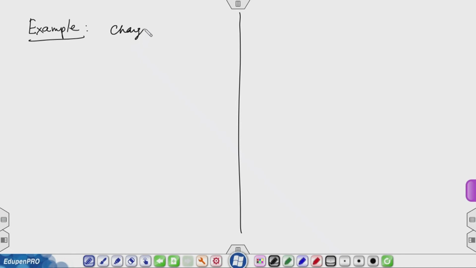Charge Q, a point charge, is on the z axis at a distance d from the origin.